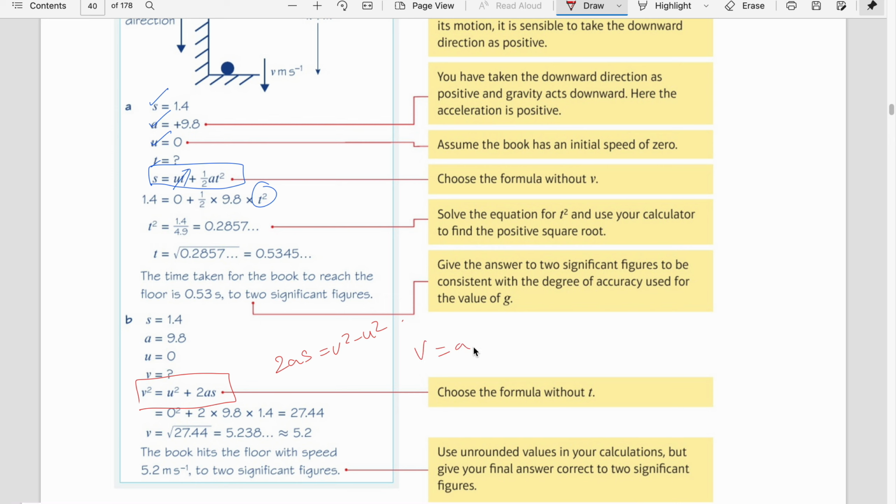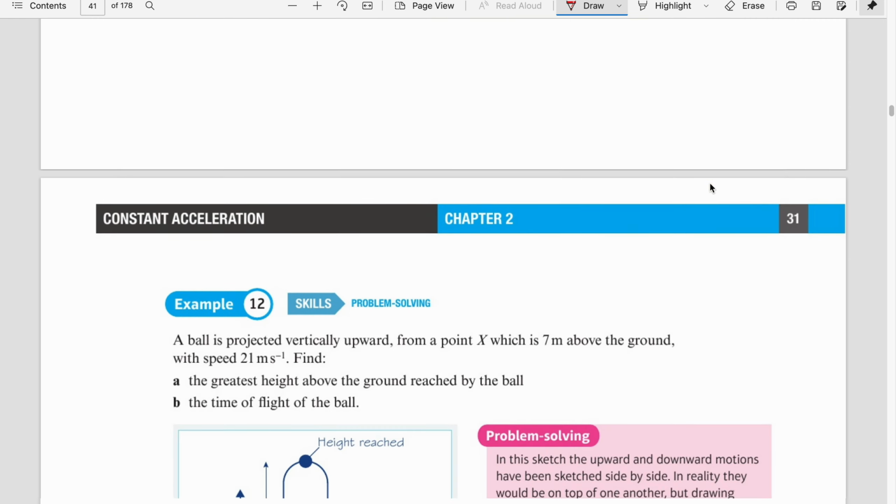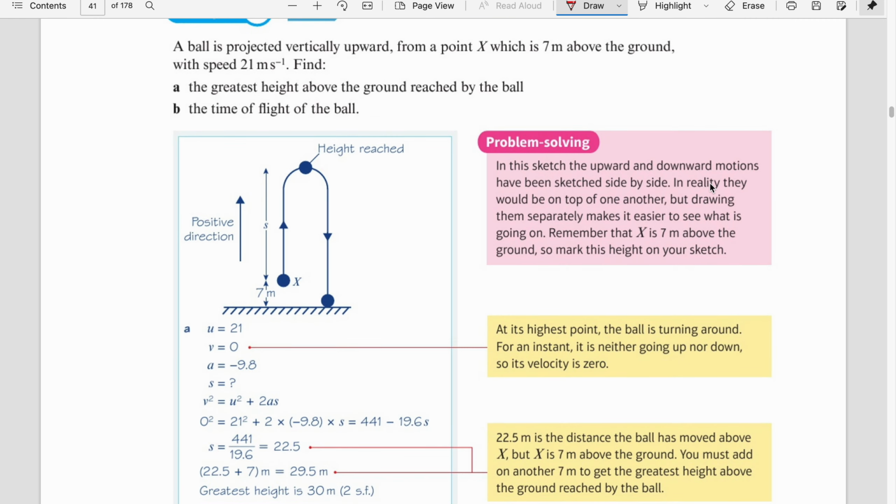We could also use v equals u plus at, because we know the initial speed, we know the acceleration, we know the time, and we can find the velocity. Now a little of the new concept: when you throw something upwards, when it reaches its maximum height, the speed at that point is always equal to 0, and then it comes down.